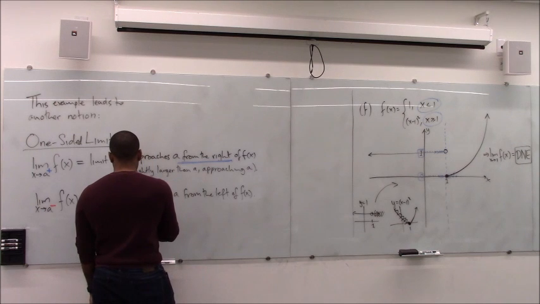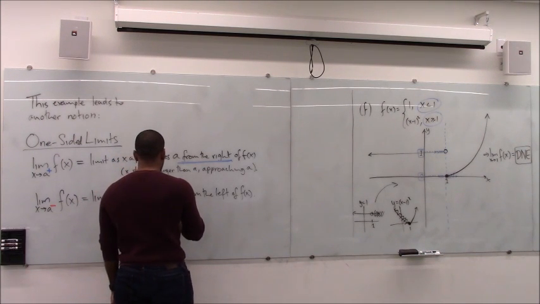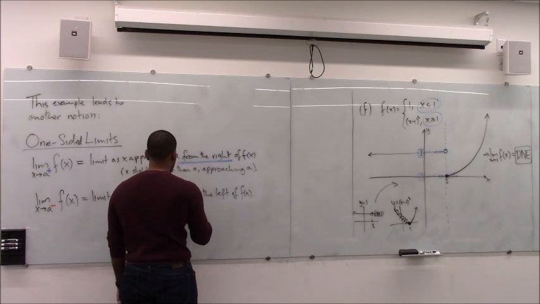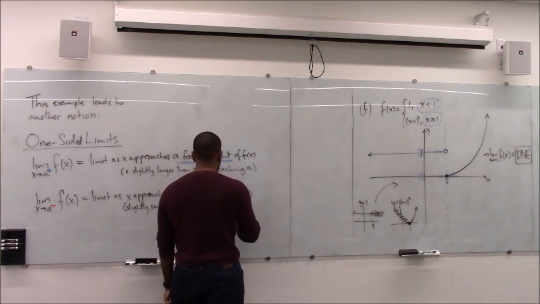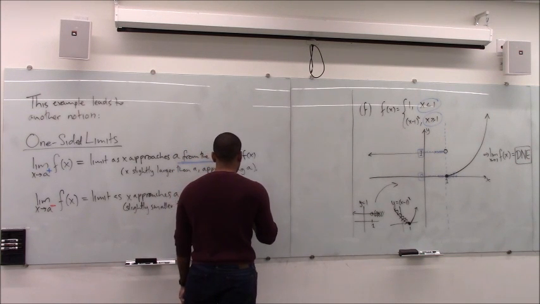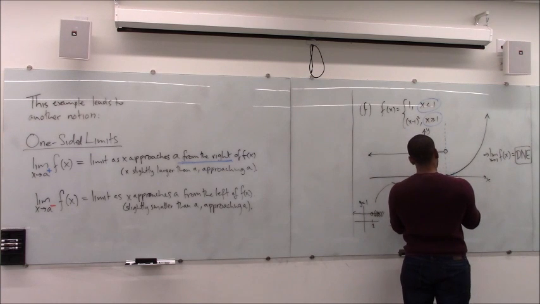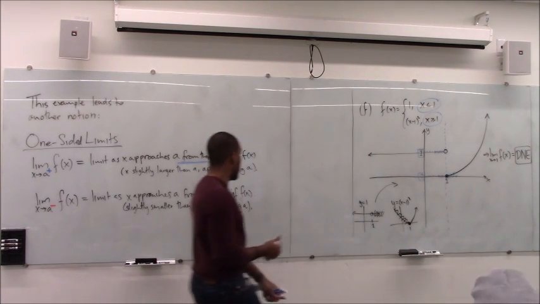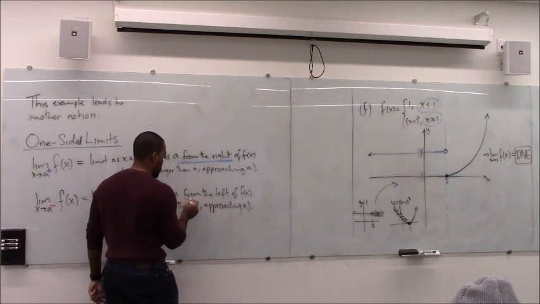So here we're slightly smaller than a, approaching here. So I'm a minus a little bit, right? So I'm 1 minus a little bit, means I'm over here, and I'm getting closer and closer to it from that side. Right? So that's called a limit from the left.